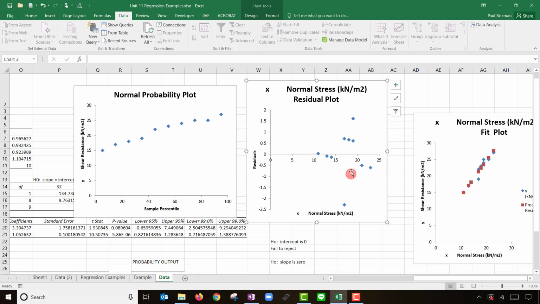The center line here is 0. We should have just as many points above and below 0, randomly distributed. If not, then maybe we shouldn't be doing linear regression. Maybe the data is curved, and that shows up in this plot.